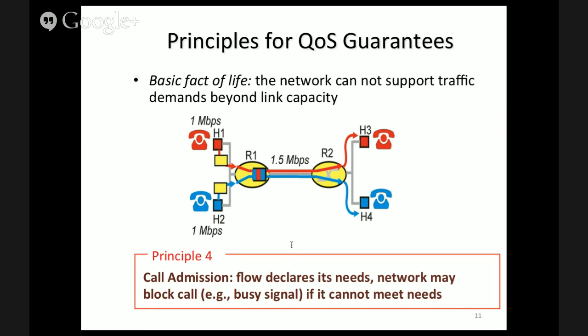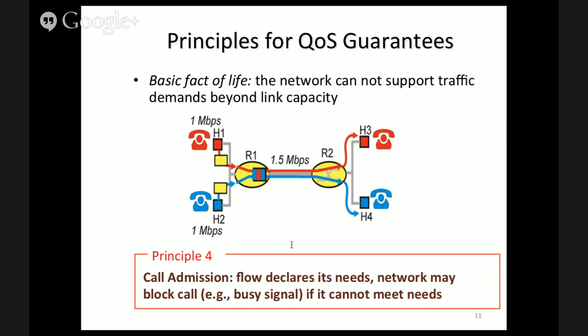And then there is this basic fact of life, that of course the network cannot support traffic that goes beyond its capacity. So what we would like to do is to have some form of admission. So that basically a flow declares what it needs from the network, and the network decides whether to accept the call, to admit the call, or to block it.